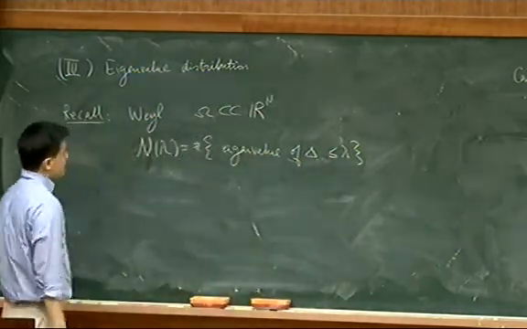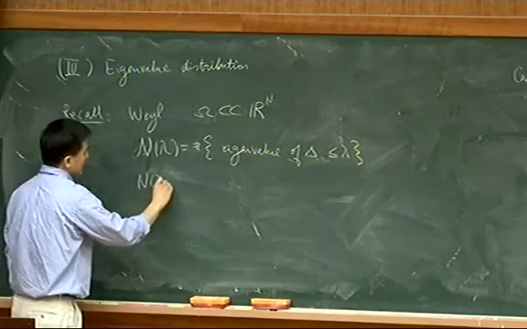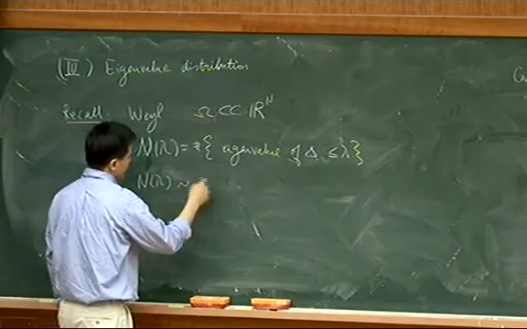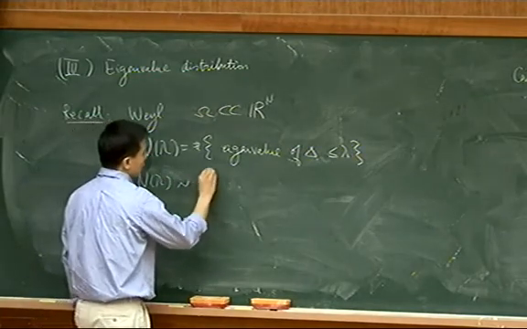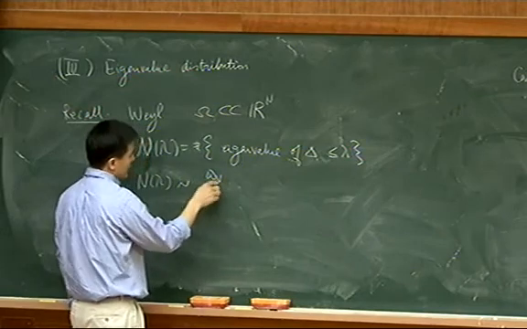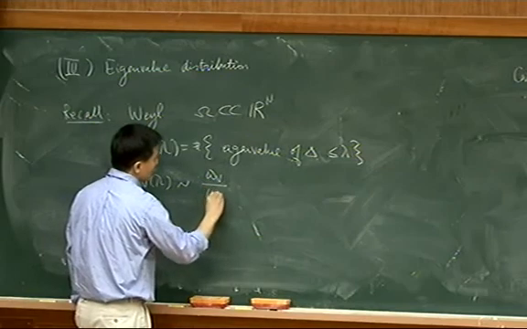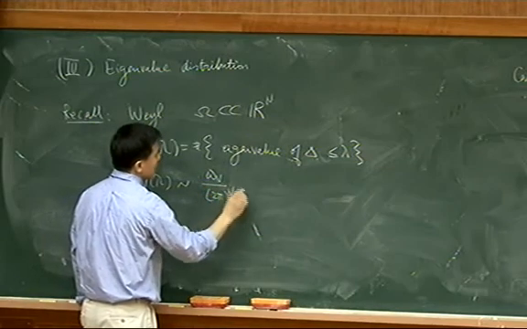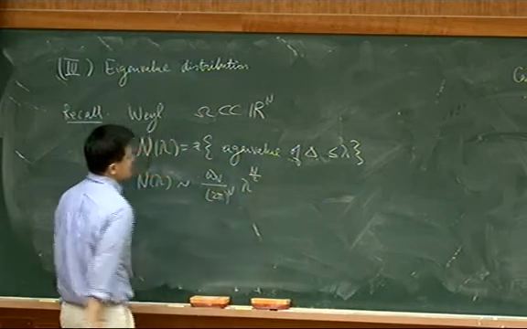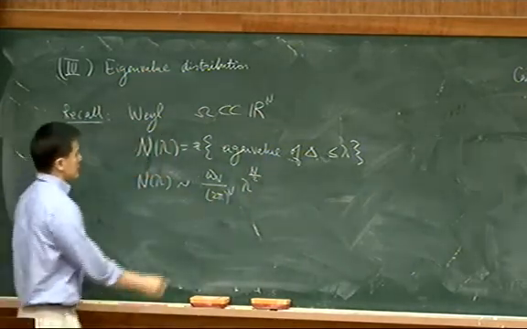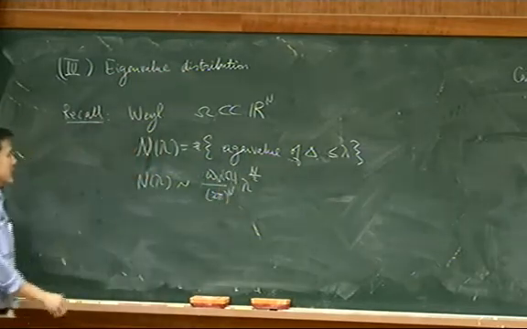Then Weyl's asymptotic formula tells us that, as lambda goes to infinity, this is omega_n, which is just the volume of the unit ball in R^n, over 2 pi to the n, times lambda to the n over 2, times the volume of omega.